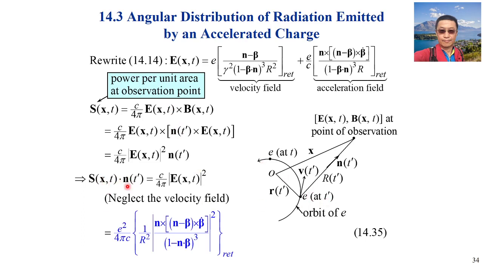S dot n equals c over 4 pi E squared. So eventually, we neglect the velocity field. We neglect these terms. We just consider this term here. It's evaluated at the retarded time. Today we will cover only 7 pages, not too much.